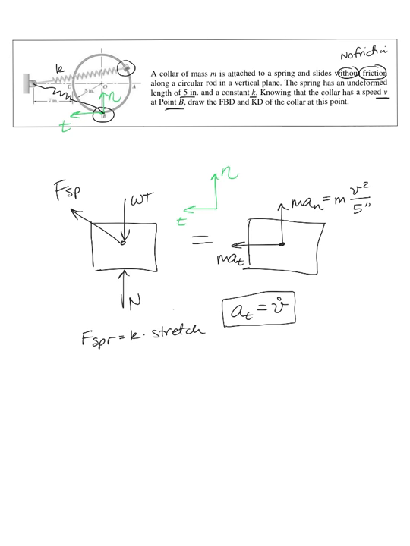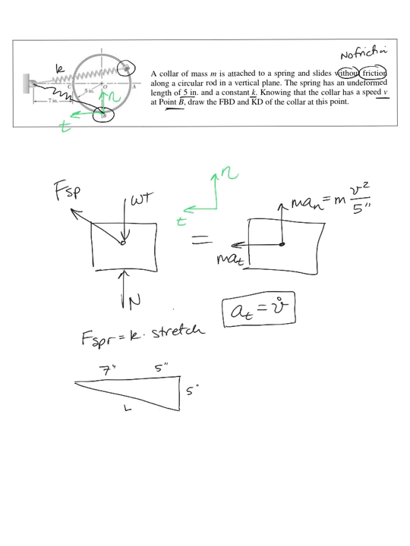So there's my accelerations. Now for the force of the spring, I need to do a little geometry. If I look closer in there, I've got 7 inches, I've got 5 inches, and down at point B, then another 5 inches.